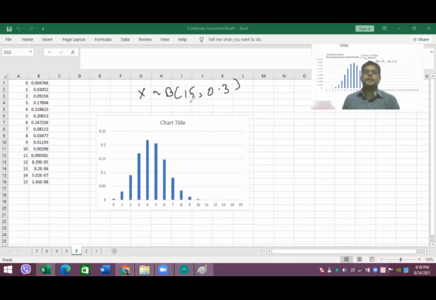We have been increasing the number of trials: previously it was 7, then 10, now 15 for the same probability, and you can see that in this case the graph is taking a proper symmetrical shape about some central point. Here np is 15 times 0.3, which is 4.5, still less than 5 but very close to 5.